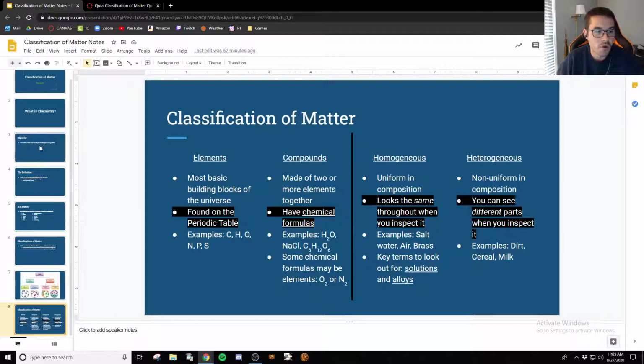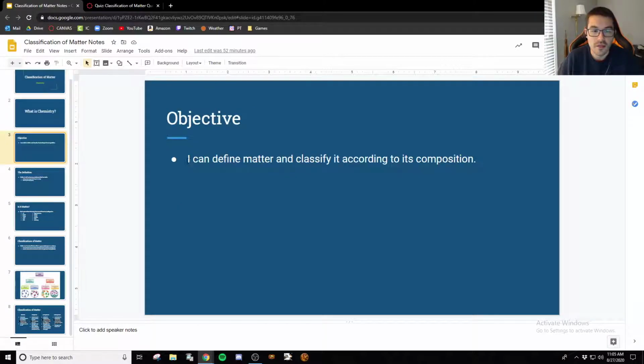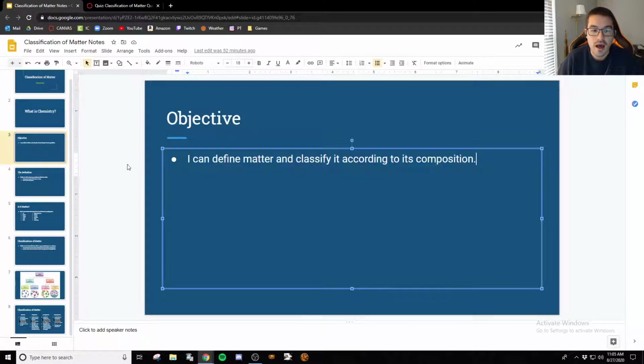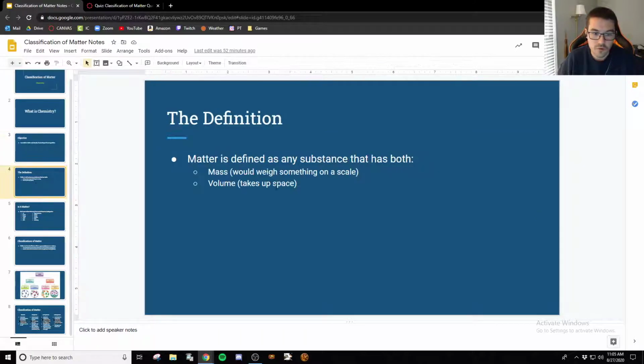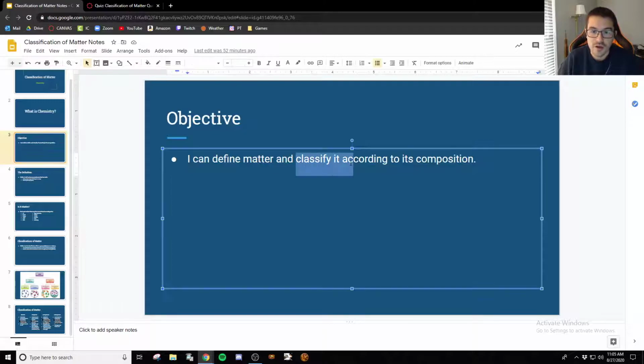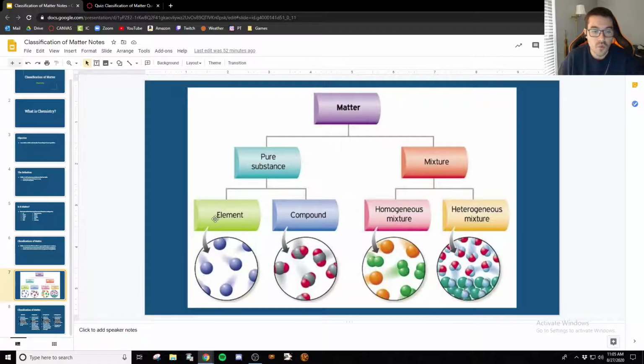If I go back to the objective for today, that is the objective, right? I can define matter. That was the first part, knowing the definition of mass and volume. And you can classify it according to its composition. So based on what it's made of, based on what you know about it, can you classify it into one of these four categories: element, compound, homogeneous mixture, or heterogeneous mixture?